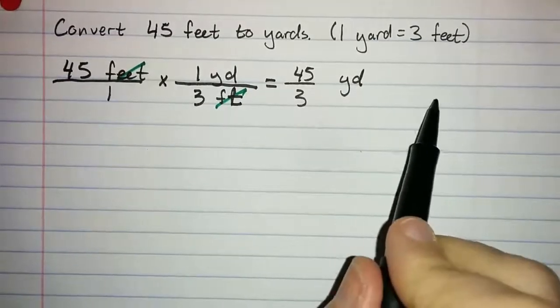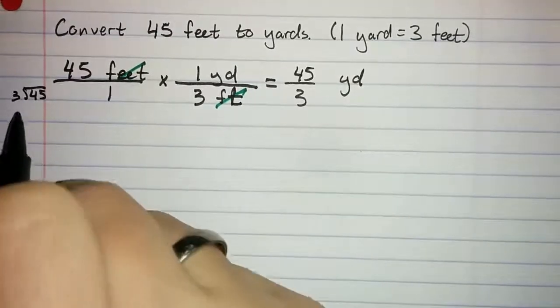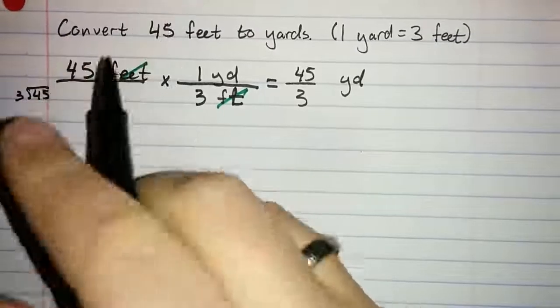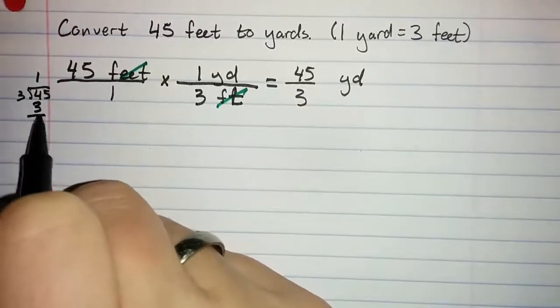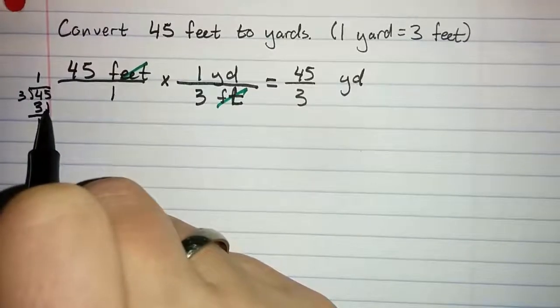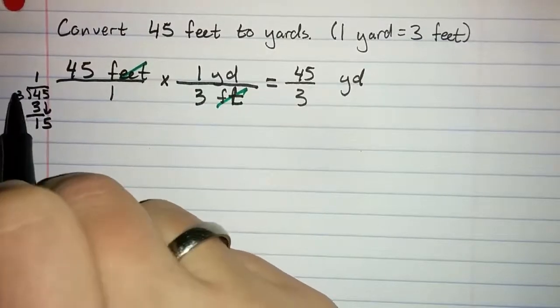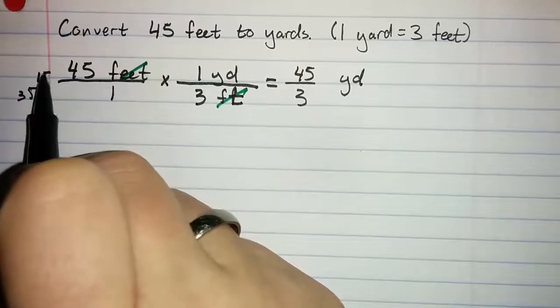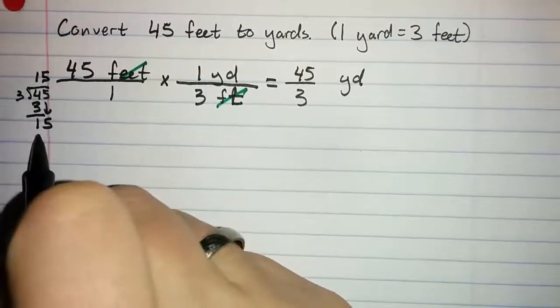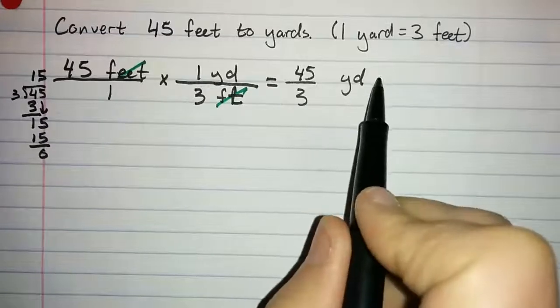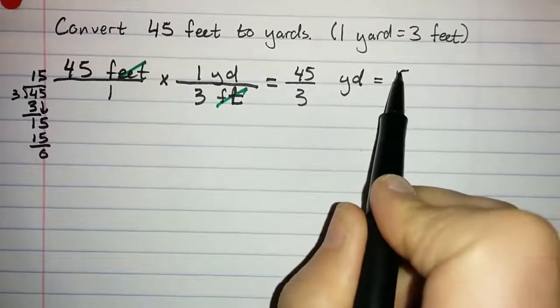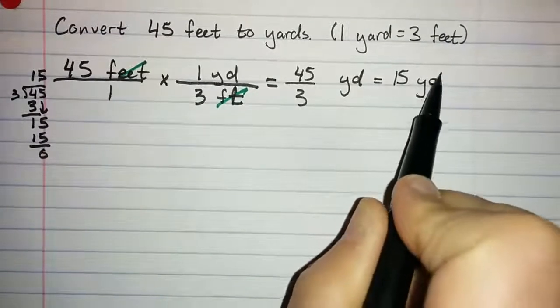Doing that division, 3 goes into 45, 3 goes into 4 one time, 1 times 3 is 3, 1 left. Bring down the 5. 3 goes into 15 5 times, with nothing left. So we have exactly 15 yards.